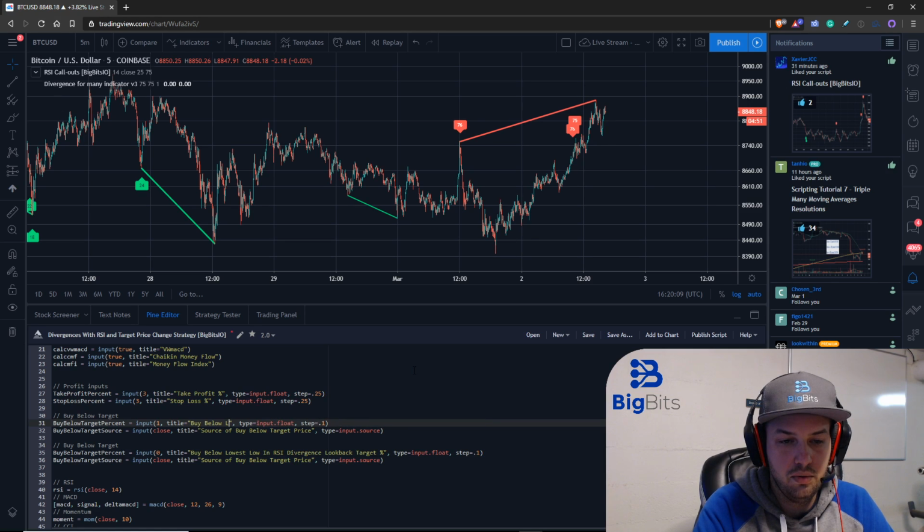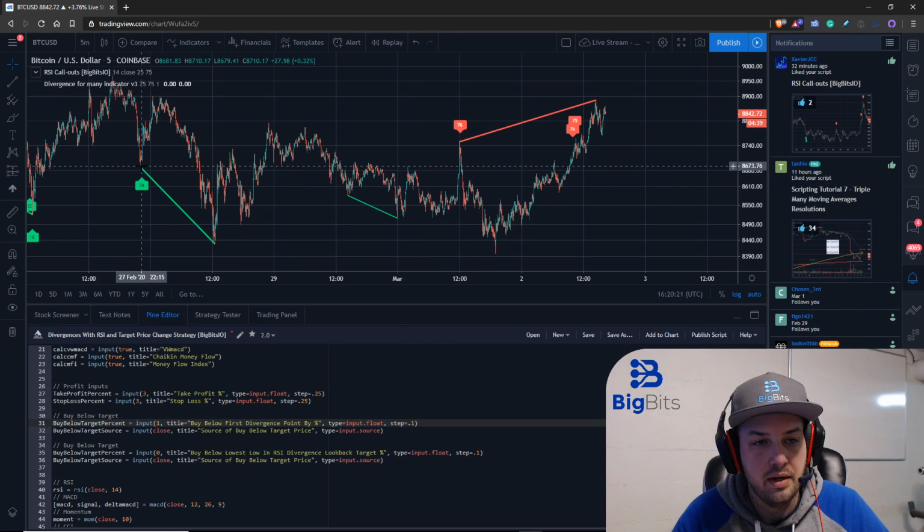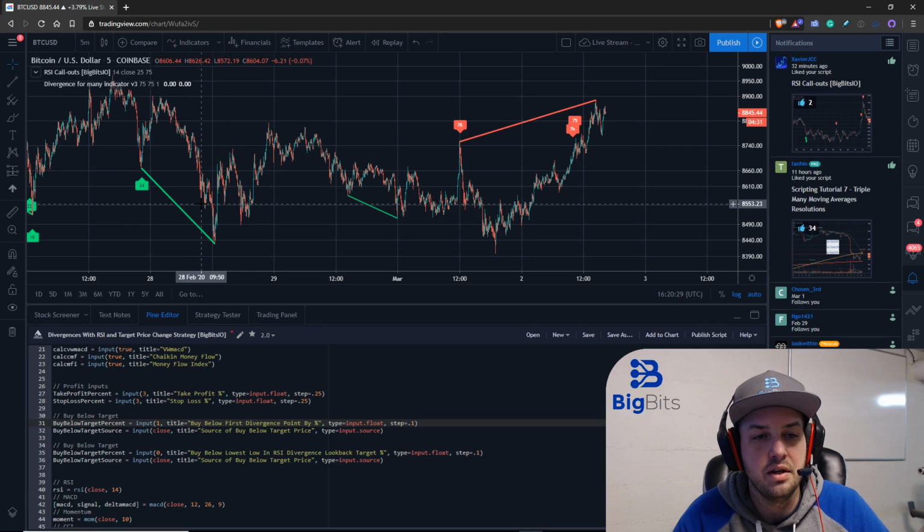Buy below first divergence point by percent. So this is going to mean here we're looking at our first divergence point, and we're going to require that it drops more than 1% by default before it'll even attempt to make a purchase.